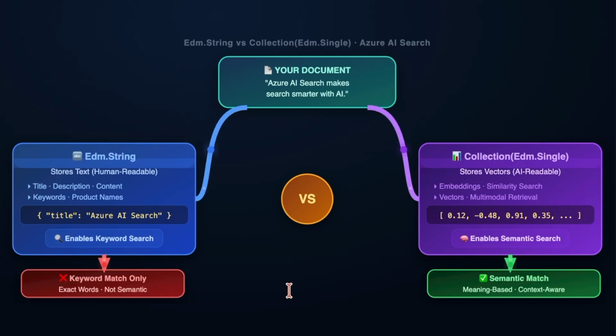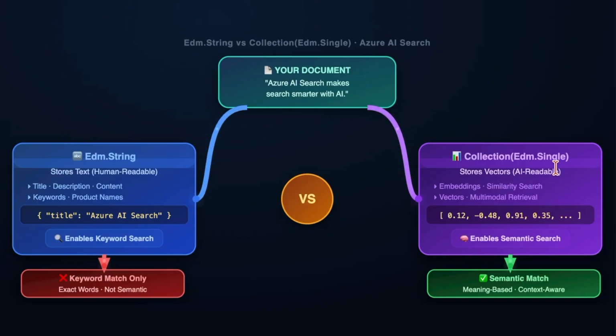Now let's see what actually happens at search time. On the left, Edm.String gives us keyword match, exact words only, not semantic. It doesn't get context. It misses results where meaning is the same but words are different. For example, if you search for intelligent search engine and the document says smart search tool, keyword search will miss it, different words.